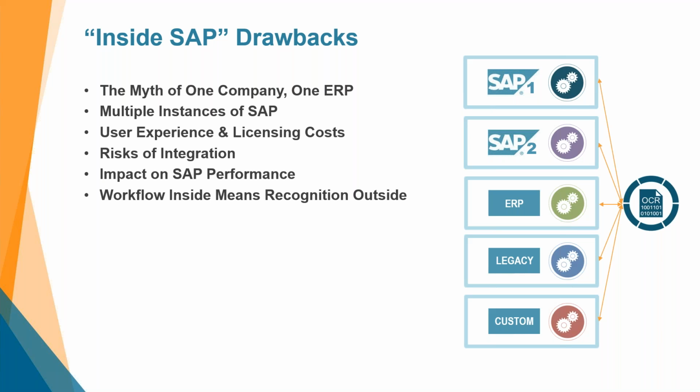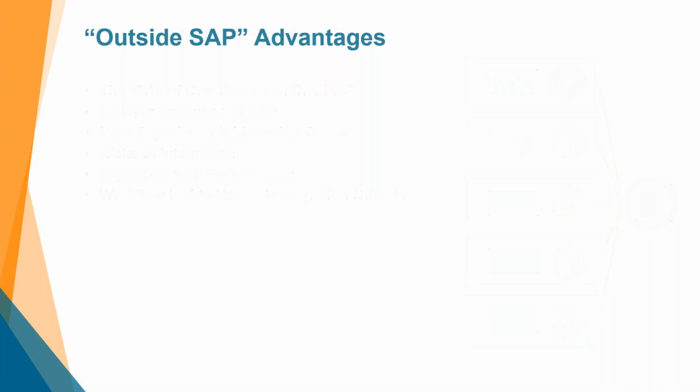Even if workflow is inside, OCR recognition, extraction, and validation must still remain outside. And then you'll require multiple integrations and data interfaces from OCR, not only to your multiple ERPs, but also to your multiple workflow tools.